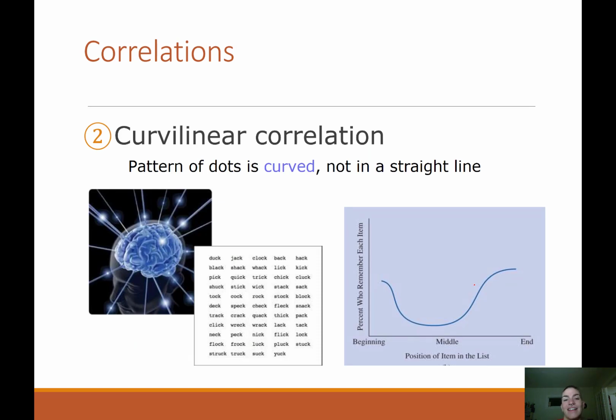Unlike the pattern in a curvilinear relationship. A curvilinear correlation has a pattern of dots that's actually curved, just like the name would suggest. So this example here that I have for you, also from the textbook, is an example from a memory task where participants are given a word list and then asked to recall the words on the list.